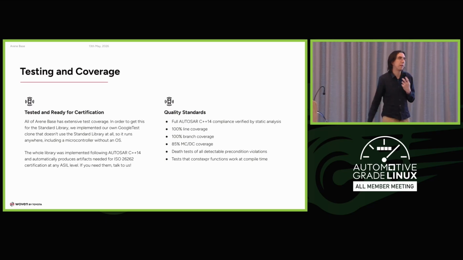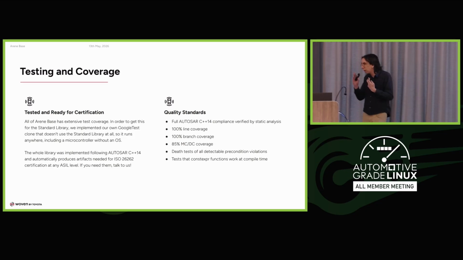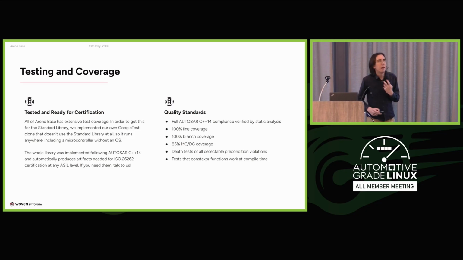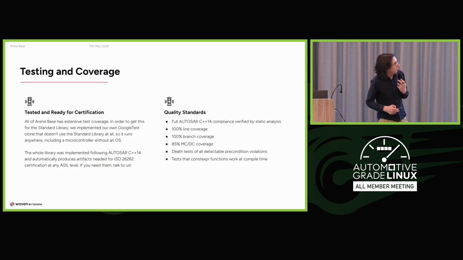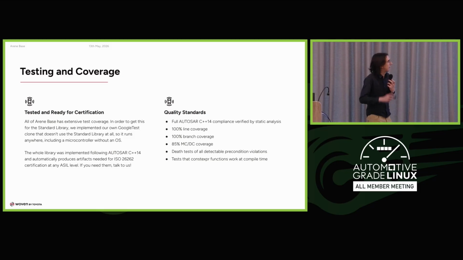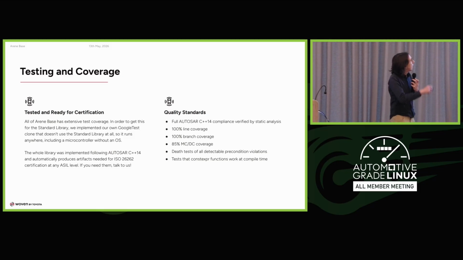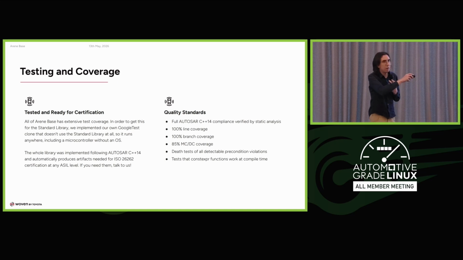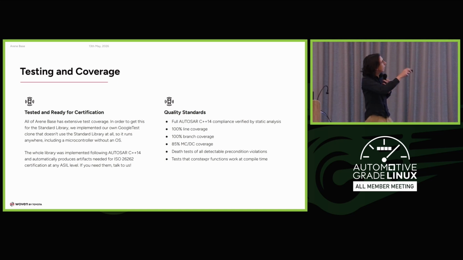We have 100% line and branch coverage on basically every file. Not quite, but more or less every file. And currently we're at 85% MCDC coverage. We want to get that up to 100, but we haven't quite prioritized it yet. That's coming. So basically any version of Arene Base is always in this state.